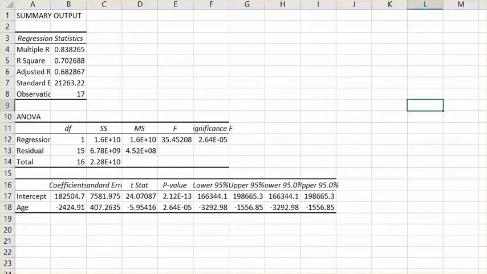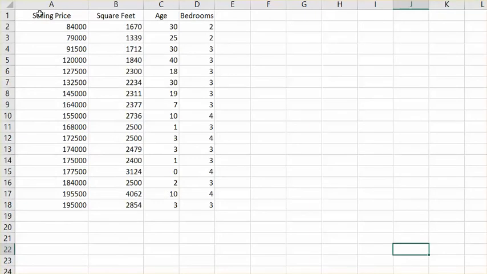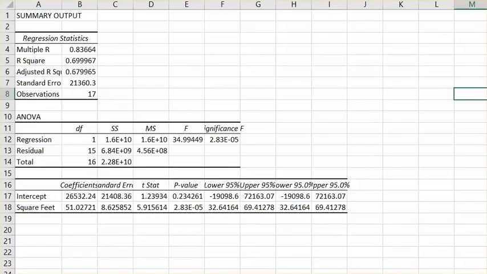If we go back and look at our data, selling price would be our dependent variable, and square footage, age, and bedrooms would be the three independent or predictor variables. From what we've already done, we've seen that square footage by itself would be significant in forecasting the price.